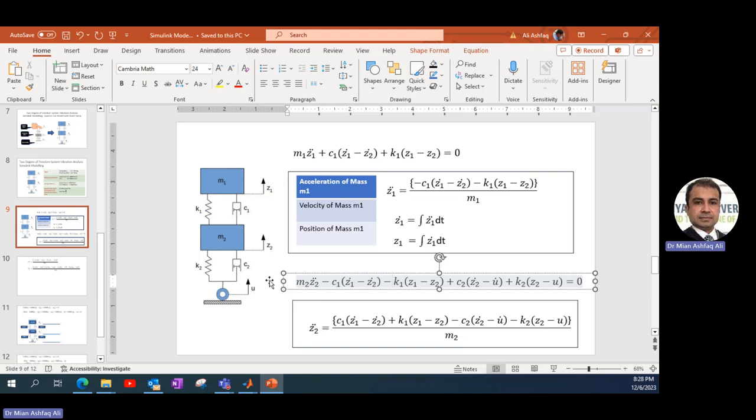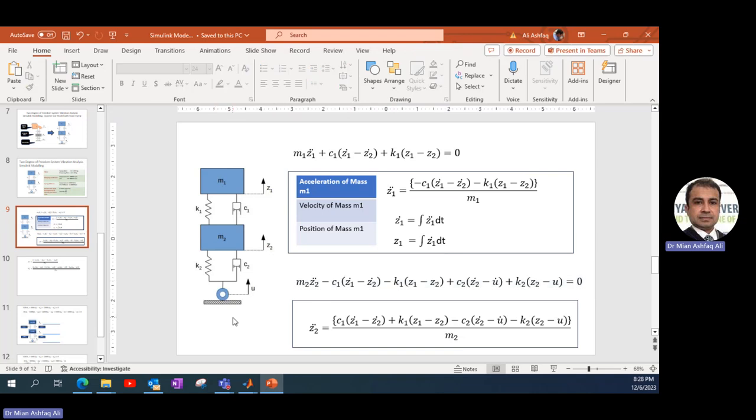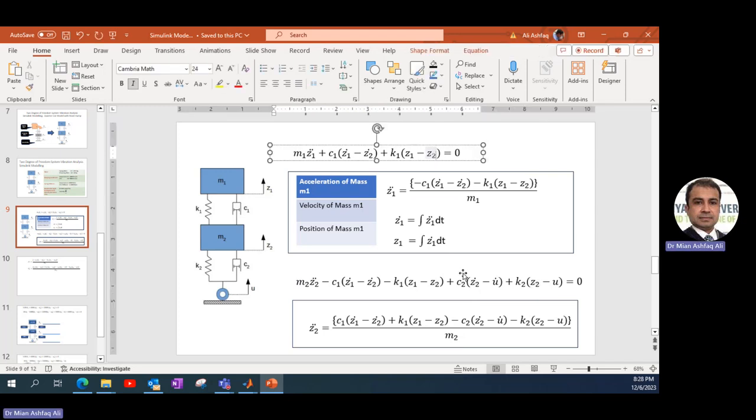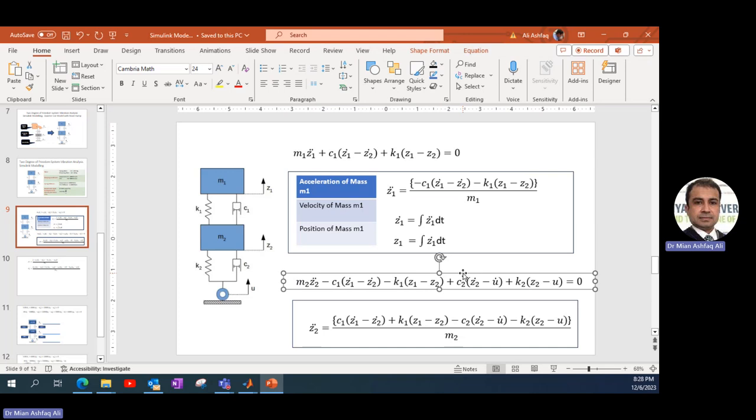Other than those two, we also have C2 and K2. For C2, the relative velocity is Z2 dot minus U. Similarly, for K2, it's Z2 minus U. Those two are the original equations.